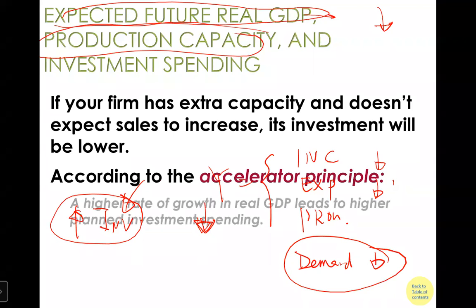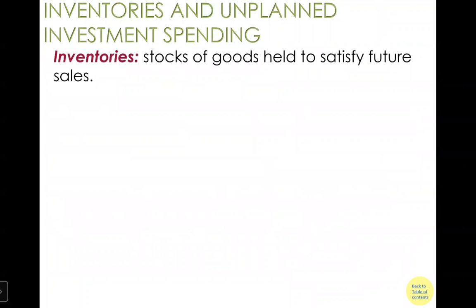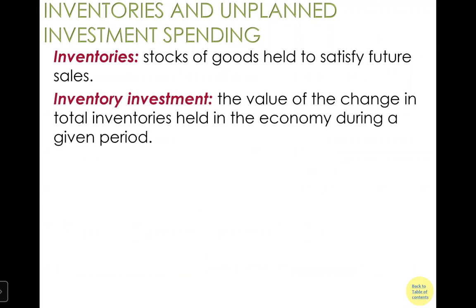Okay, to finish this part, we look at a few concepts and then we move to the next lecture, right? They are interconnected. Inventory: these are stocks of goods held to satisfy future sales. Just think about the local car dealership.